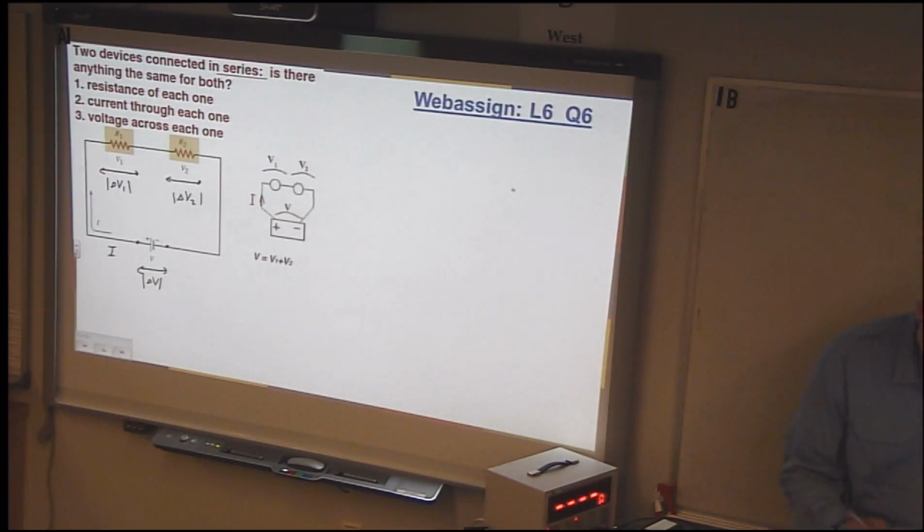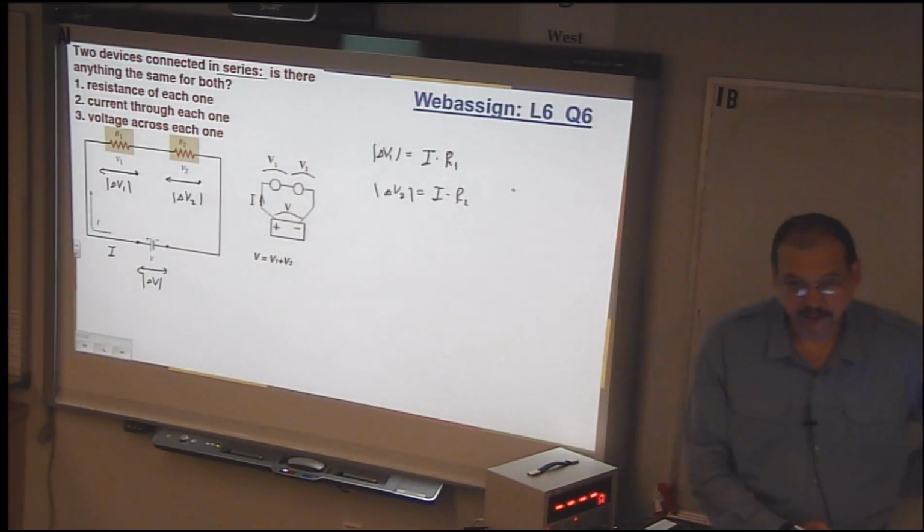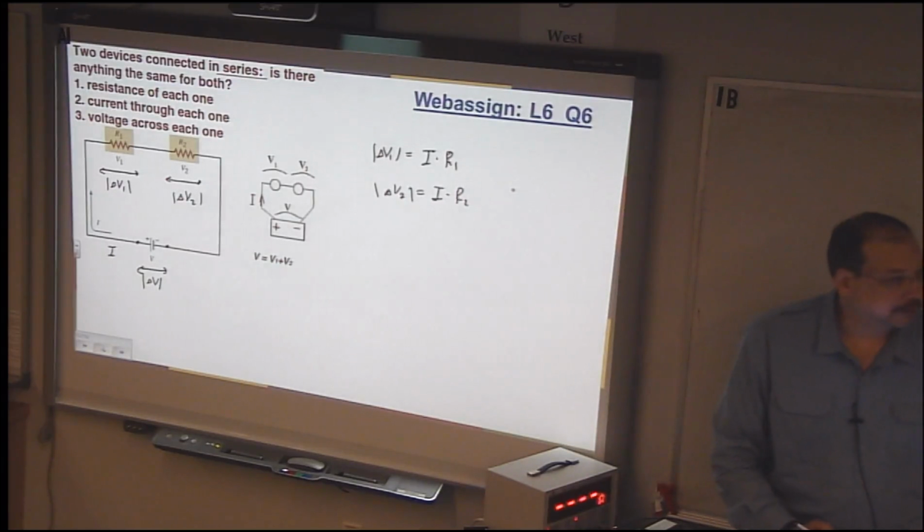Well, delta V1 is supposed to be equal to current times the resistance of the first resistor. Delta V2 should be equal to the same current times the second resistance. And now we can ask the famous question: what single resistor could we use to replace these two?